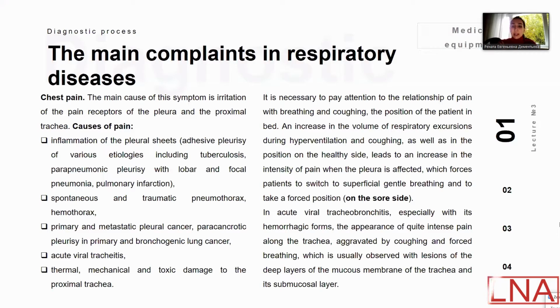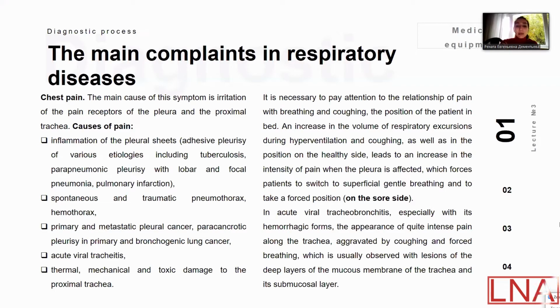Let's remind this. In case of acute viral tracheobronchitis, especially with its hemorrhagic forms, quite intense pain appears along the projection of the trachea, aggravated by coughing and forced breathing, which is usually observed with a lesion of the deep layers of the mucous membrane of the trachea.